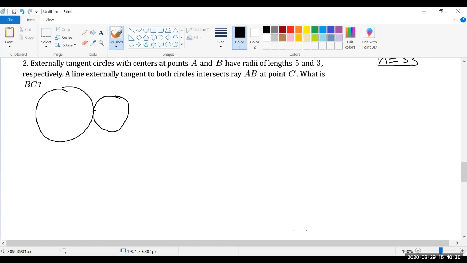And then the line externally tangent to both circles refers to a line that's tangent to this circle and that circle. So it kind of just lays on top of both.